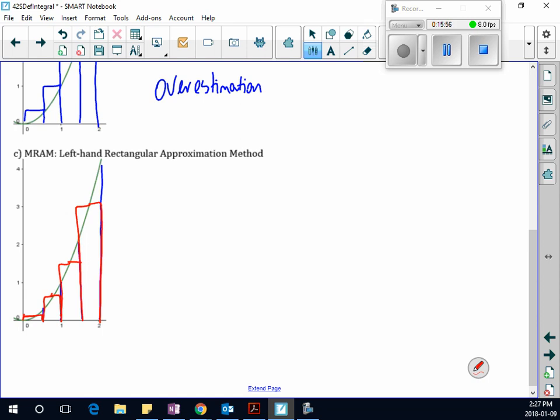Yes? So again, the subintervals, we're doing halfway between wherever that height is, we're drawing the rectangle. The height.